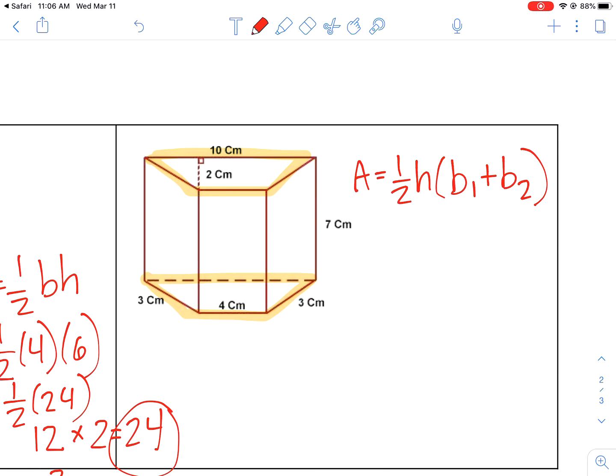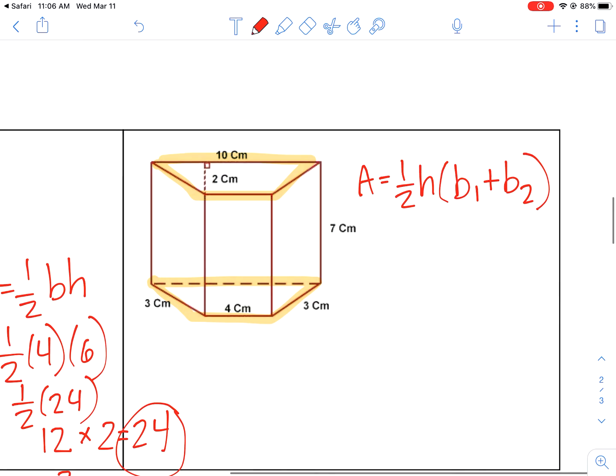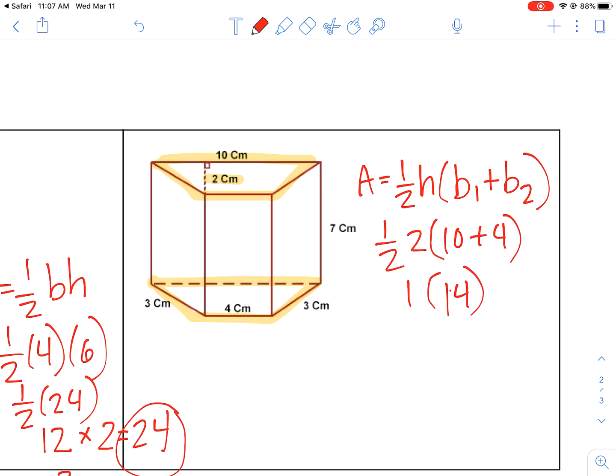So it's tricky. This little 2 is its height right in here. So 1/2 of 2, and then we have to look at the bases. So the base on one is 10, and the base on the other is 4. So we have 1/2 of 2. Let's just skip that step, that's 1, times 14. So one of the trapezoids is 14 centimeters squared.